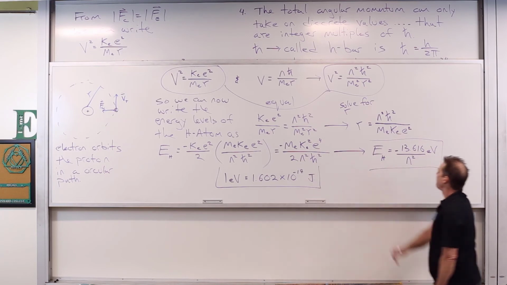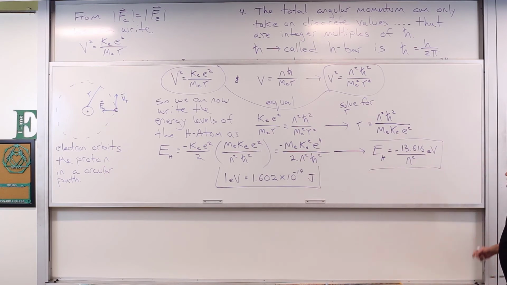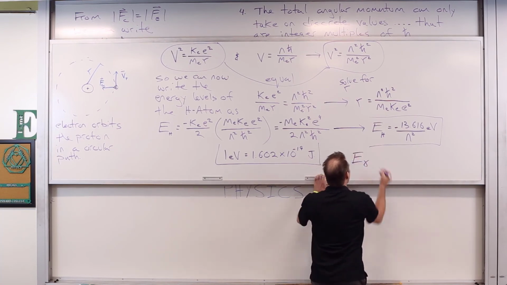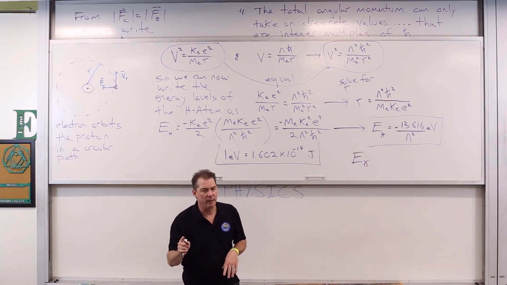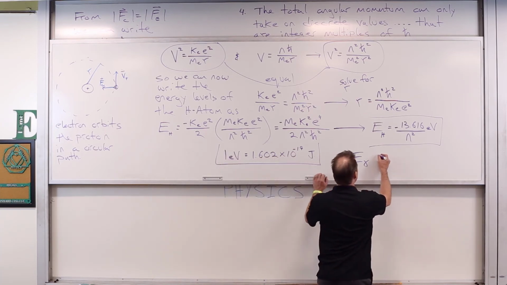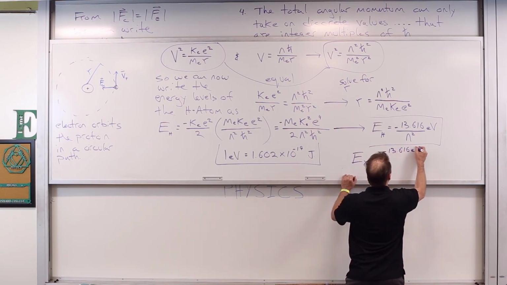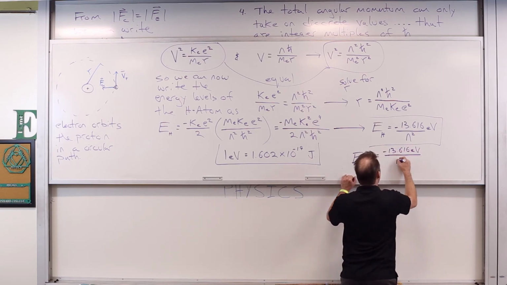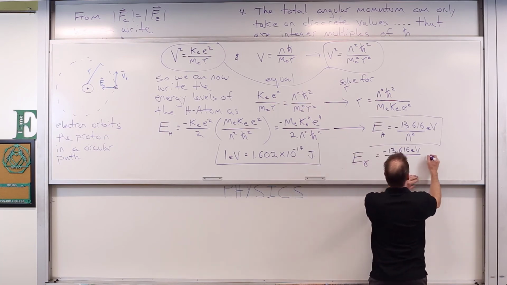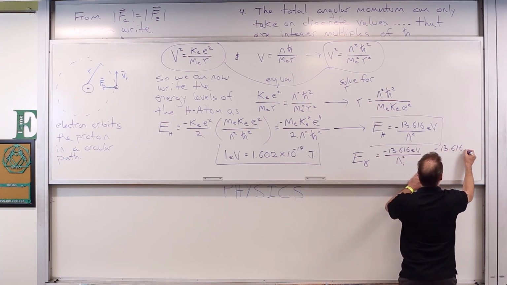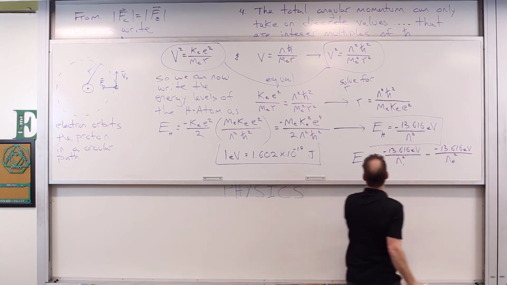So ultimately, what we can have here is that the energy of the emitted photon for a particular transition is equal then to negative 13.616 electron volts divided by n initial squared minus negative 13.616 electron volts divided by n final squared.